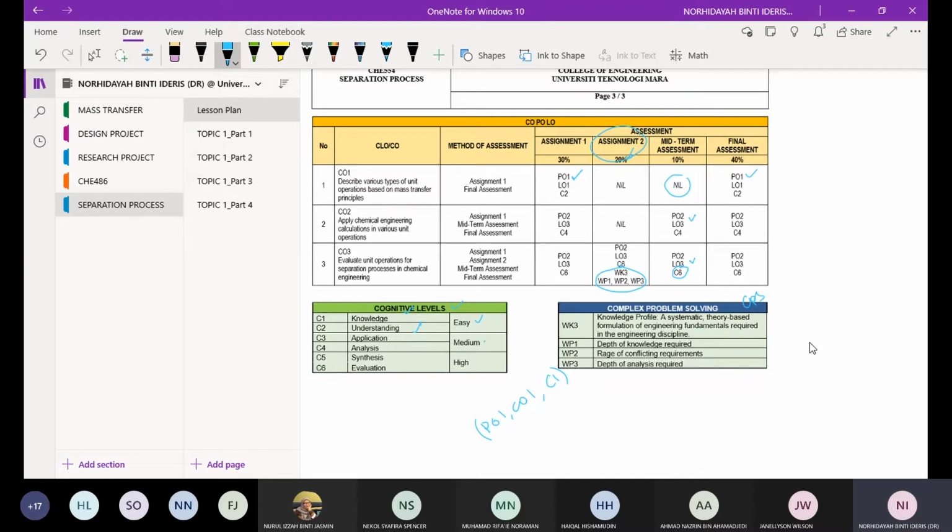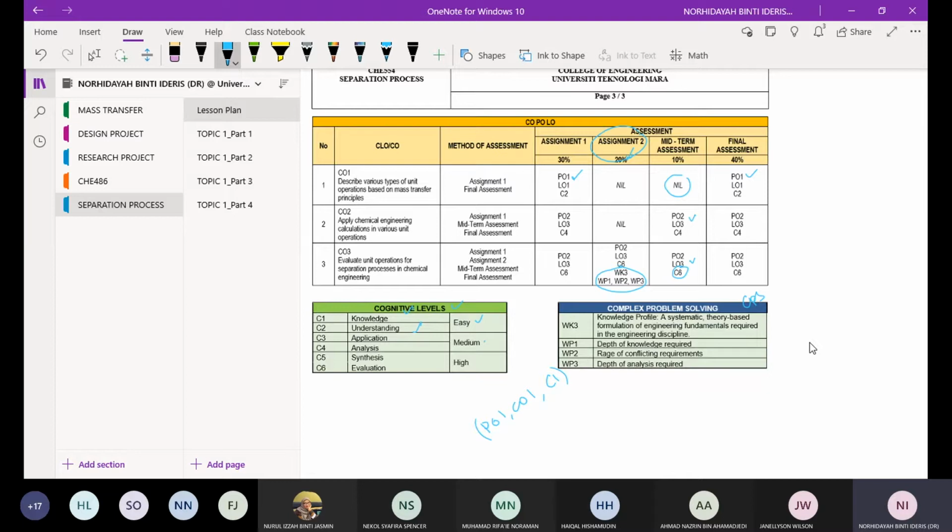So WP1, there must be the element of WP1, depth of knowledge required. It means you must have knowledge. And WP2, range of conflicting requirements. The questions are conflicting in form. For example, in mass transfer, gas absorption, you need to design it so that the gas coming out from the top stream meets the requirement.